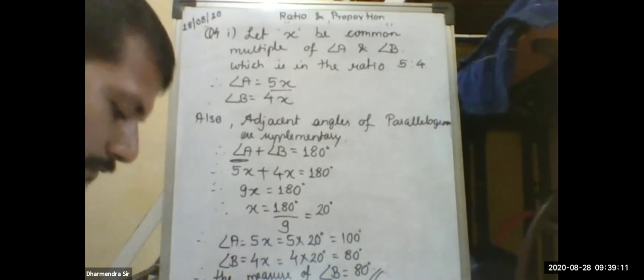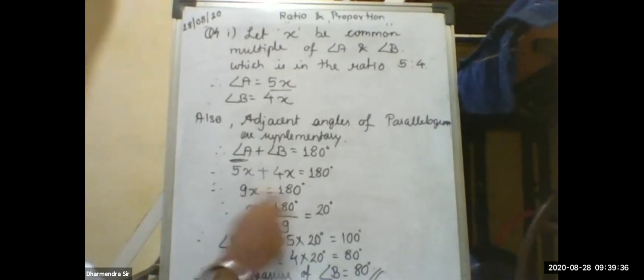I will explain this once again. So this is the required answer and solution for question number 4 first. Since they have given us quadrilateral ABCD, which is said to be a parallelogram, and they have given us two angles in the ratio 5:4, it means they are in the form of some common multiple. We don't know that multiple right now, so we have assumed it to be x. And one more property, that adjacent angles of a parallelogram are supplementary, we have used that also.